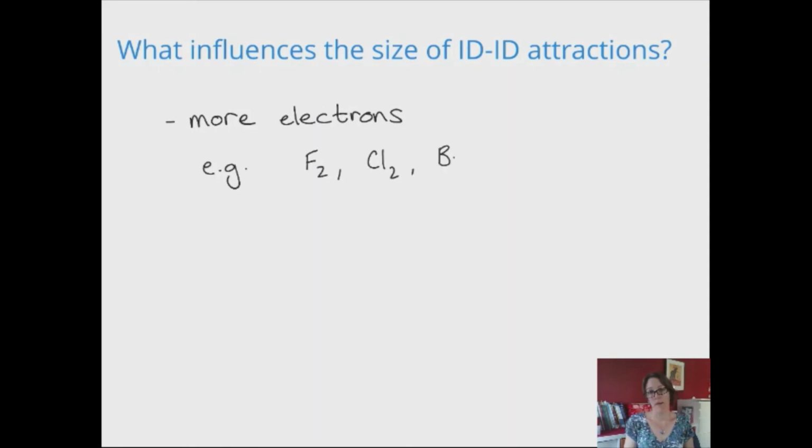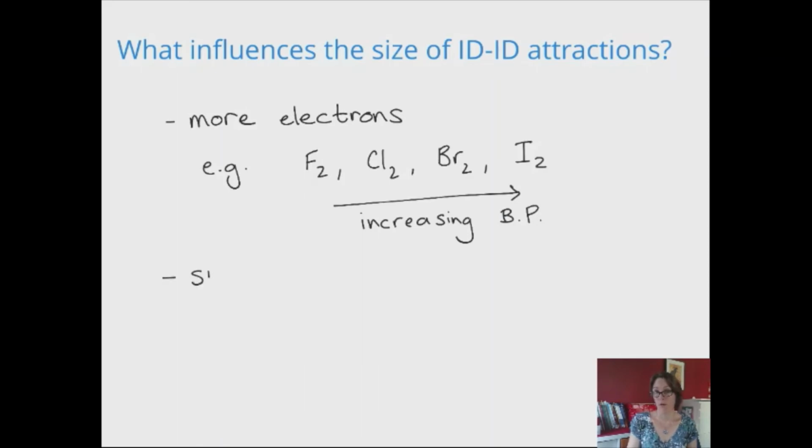We learn about the halogens getting increasing boiling points as you go down the group, going from gas to liquid to solid. And this is because of not necessarily the size of the molecule, but simply that we have more electrons. So iodine has 53 electrons per atom, whereas chlorine only has 17.